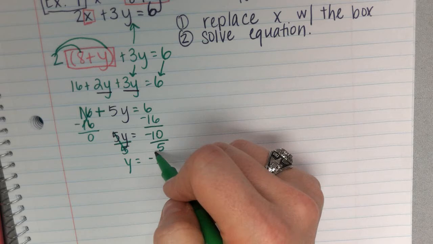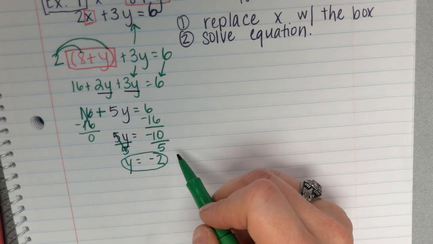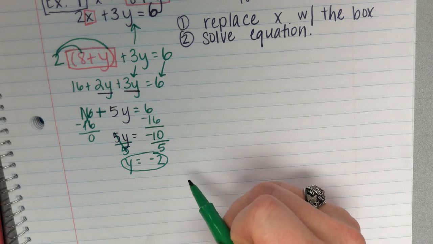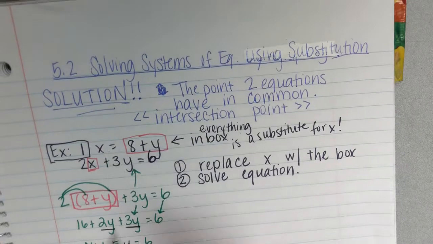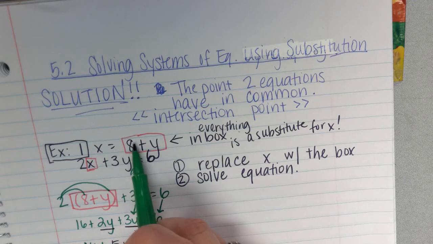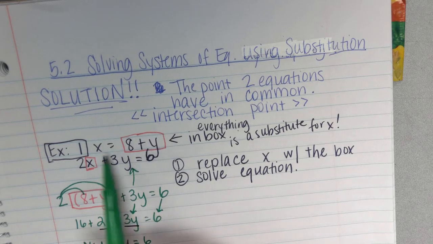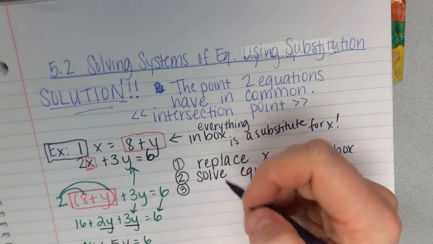So our y is negative 2. I'm going to circle that, but you're going to need to do one more step. Well, we never really got an answer on what x is specifically up here. We just know it's 8 plus y. So now that we know what y is, can we figure out what x is? Yes. That's our third step.